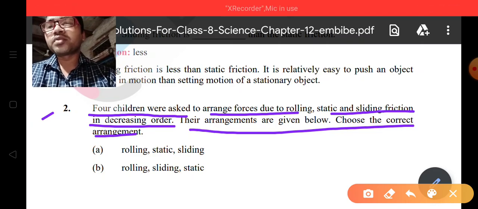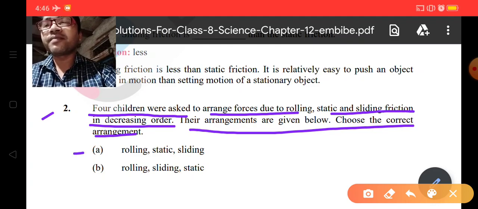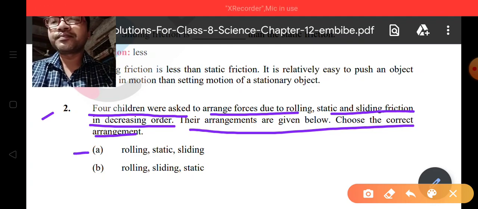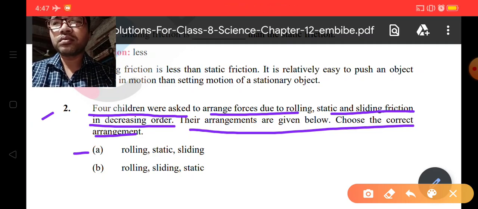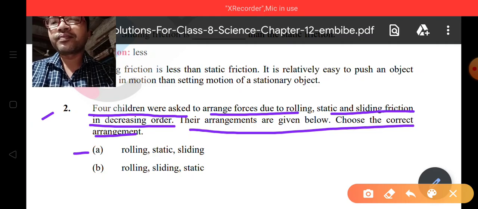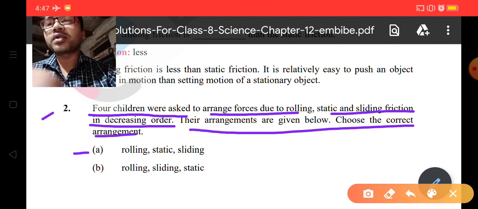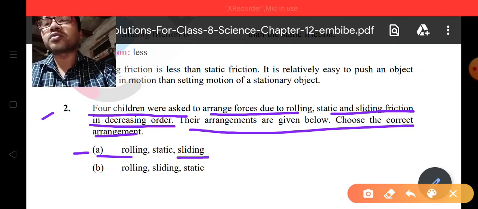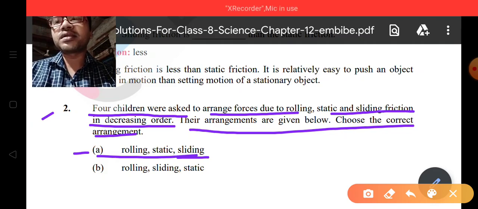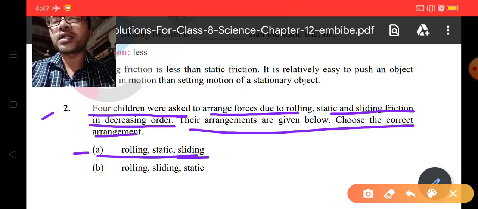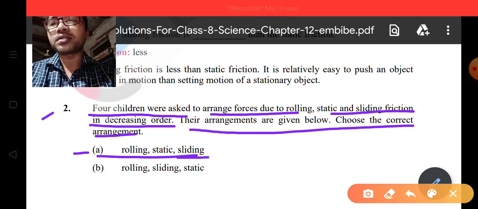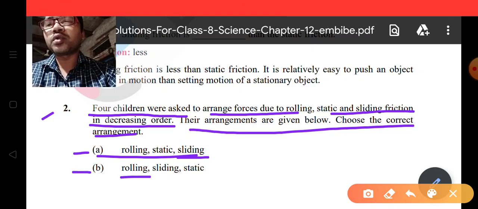Okay, so let's see. The first option is here, rolling. According to this option, rolling is maximum, then static, and the minimum is sliding. But in reality this is not true, because we know that rolling is not the largest or maximum friction. B, again rolling is given here.